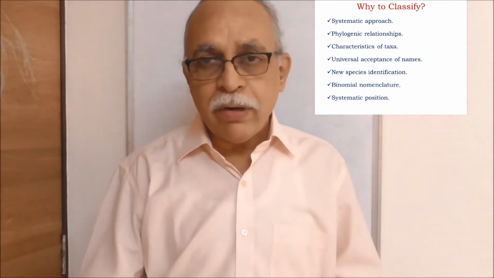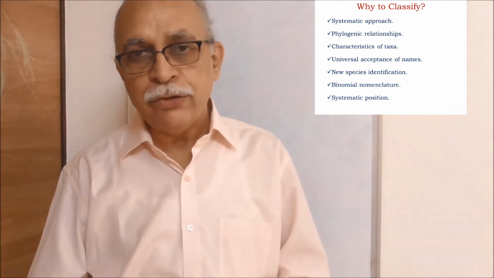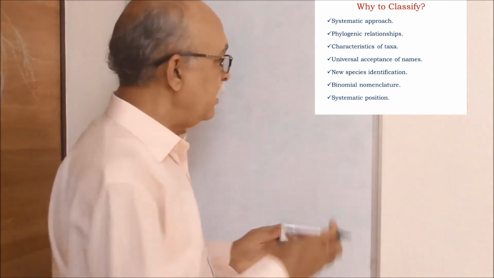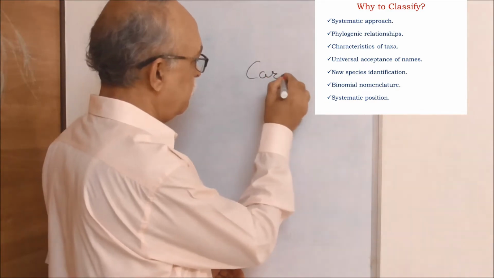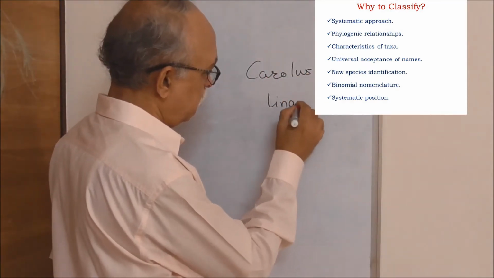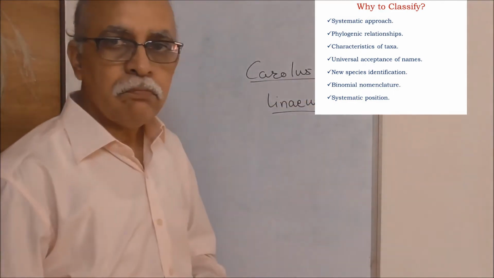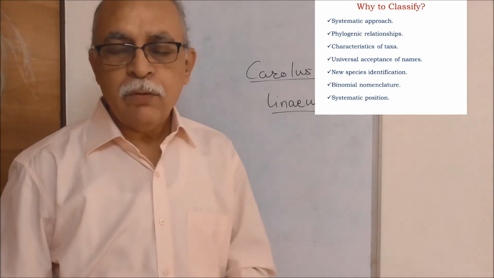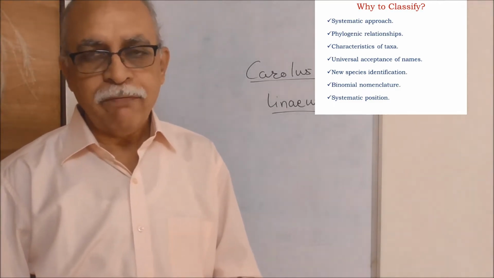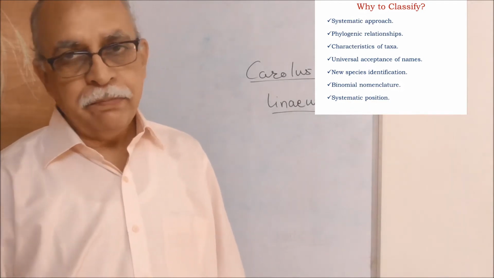Now in classification you give, as I said, a name for every organism, and there is a double name for every organism. That is called binomial nomenclature, a system that was introduced by Carolus Linnaeus. Now, what is this system?